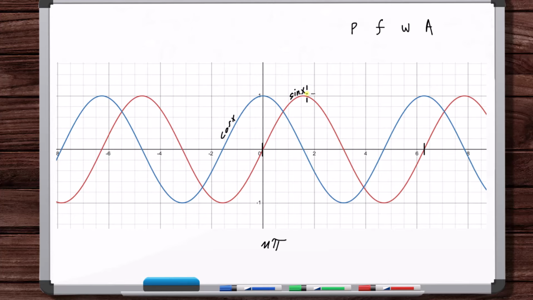And then you'll have a peak or a valley at an odd integer multiple of pi, or no, this would be divided by 2.